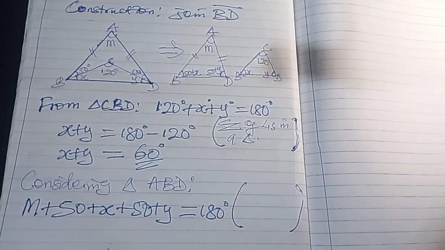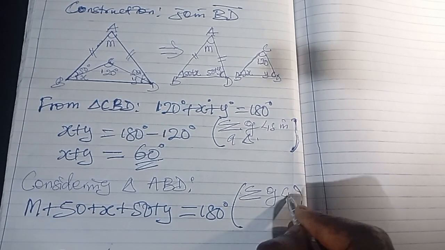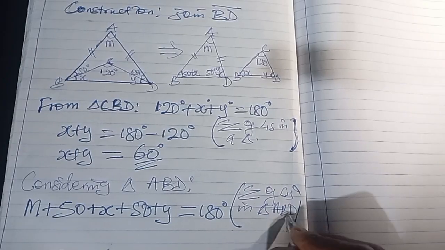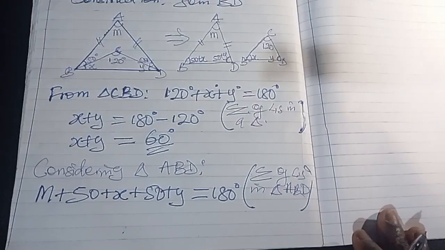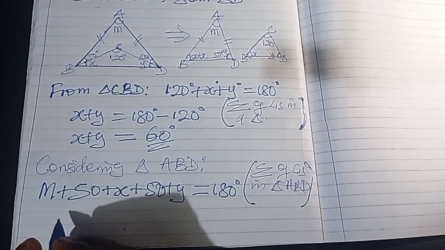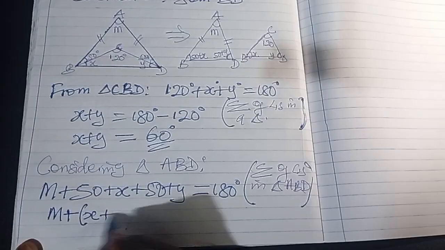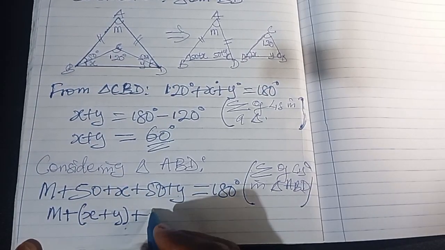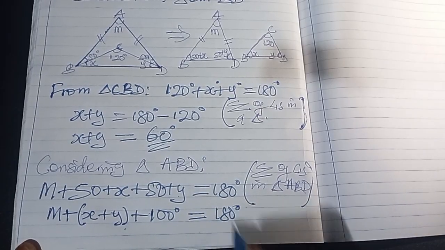And the same reason, sum of angles in triangle A, B, D. All right, let's proceed. So we can have here M plus bracket X plus Y, then plus 50 plus 50 will give us 100 degrees is equal to 180 degrees.